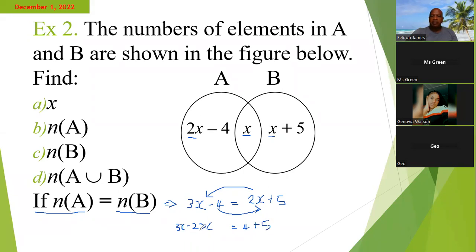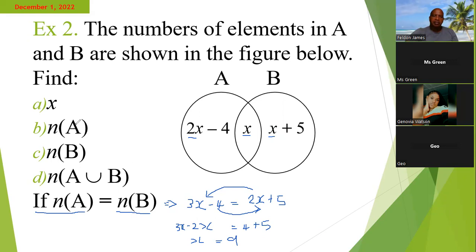And now what we want to do is subtract 2x from 3x, you get x. Over here we add 4 plus 5, we get 9. So x is equal to 9.